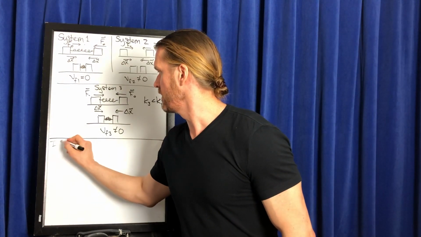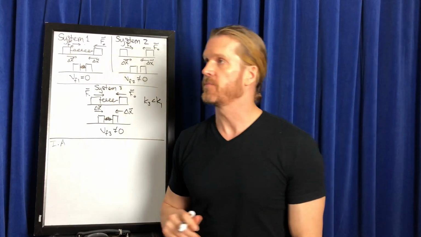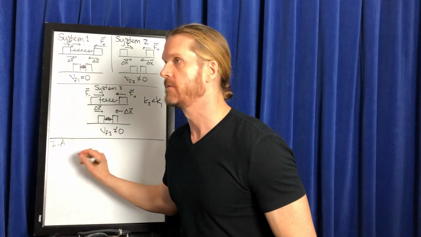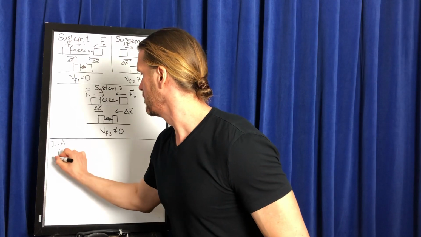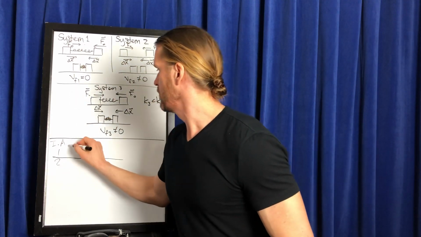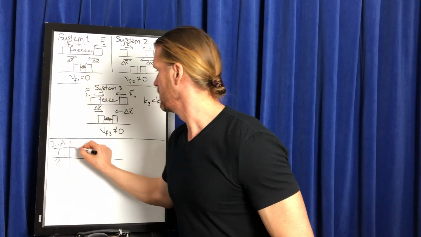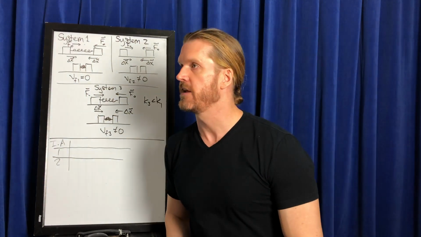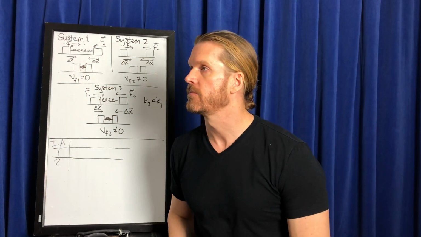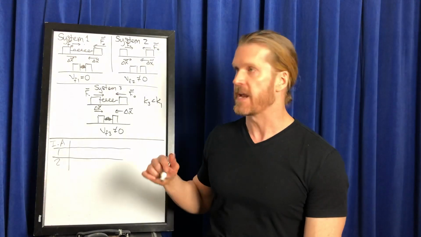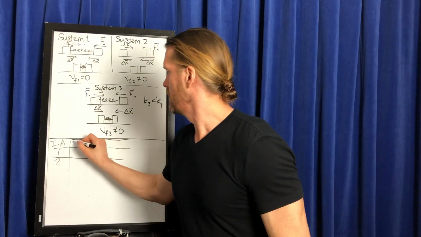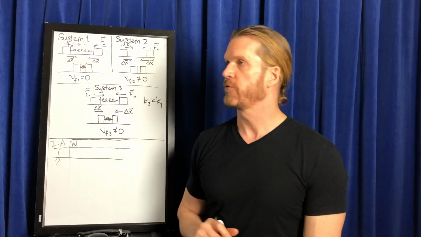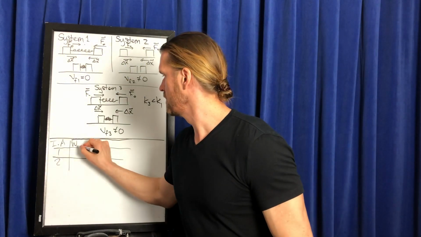In part 1A, we're asked to fill out this table. For system 1 and system 2, we want to look at the sign of several different quantities. First one is the net external work.